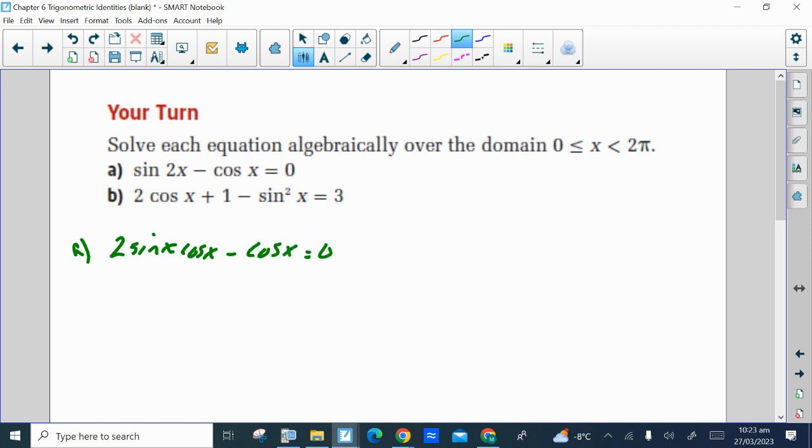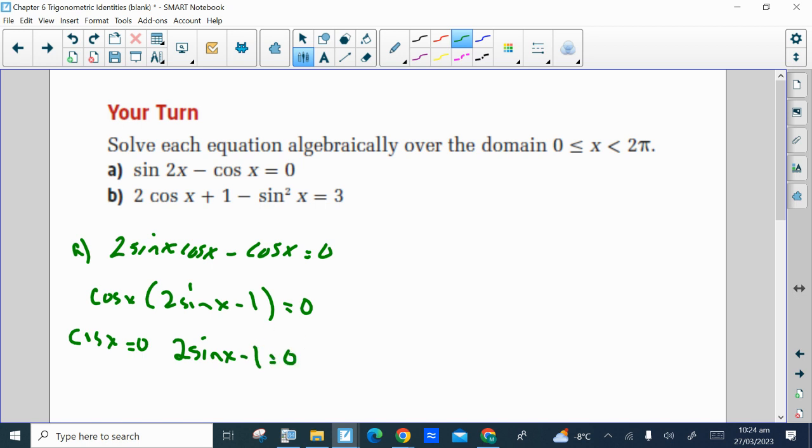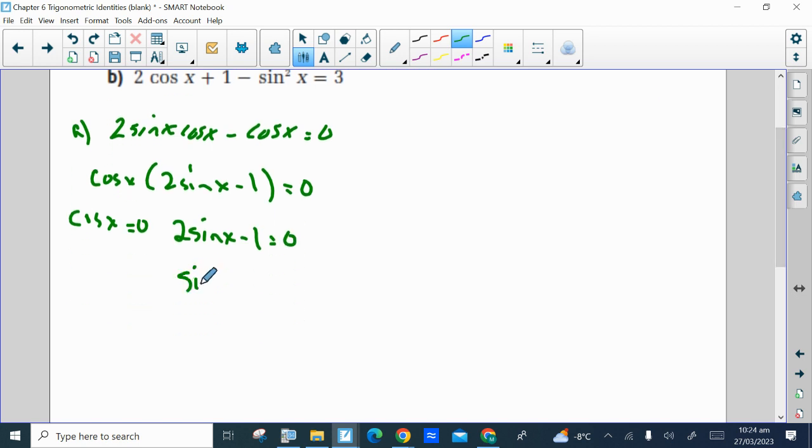And this one can be factored by taking out a common factor of cos x. So our solutions will come when each factor equals 0. And that'll be where the sine of x equals 1/2 for that second one. Add 1, divide by 2.